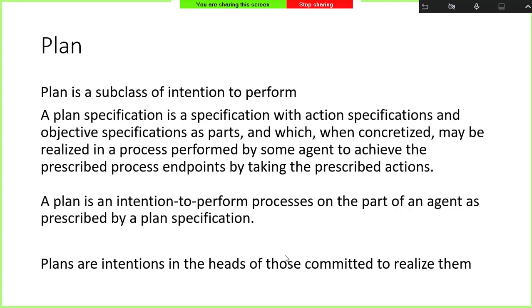What we get out of a plan specification when a plan begins to exist is an intention. This might be an intention on the part of a single person, or it might be an intention which cascades through multiple persons and teams and so forth as part of a larger organization. So plans can be intended by agents in general. And once they are intended, then actions start to take place.